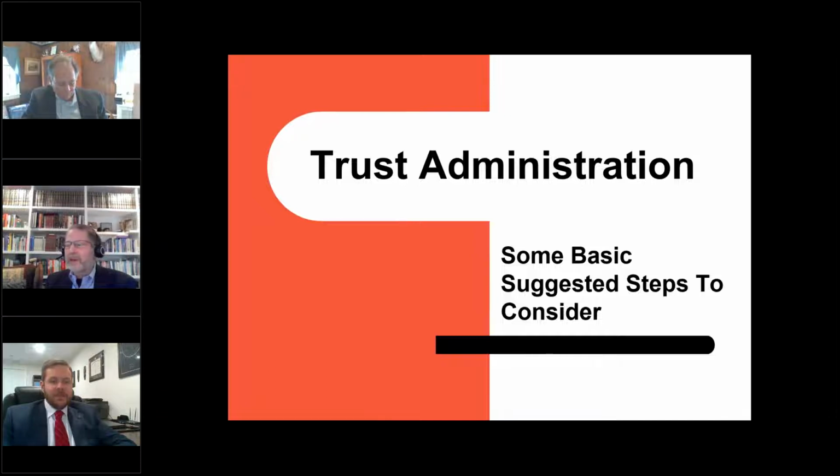So what we're going to start with are some of the basic concepts of trust administration. And even if these seem basic to you, I can tell you that going through some of these basic steps, we find in our practice, and I'm going to share some of the things that we do in our practice, that a lot of these basic steps are just never seemingly done.